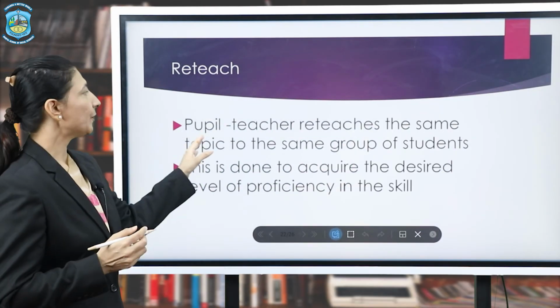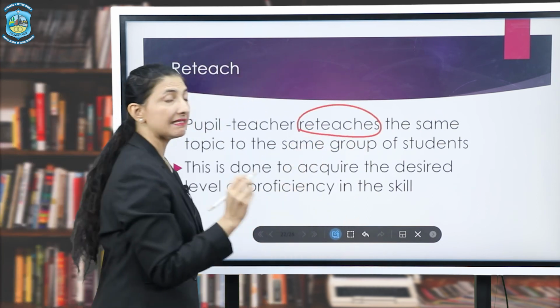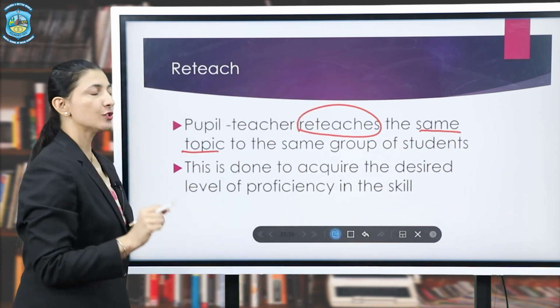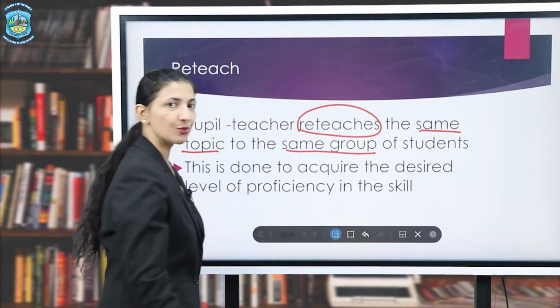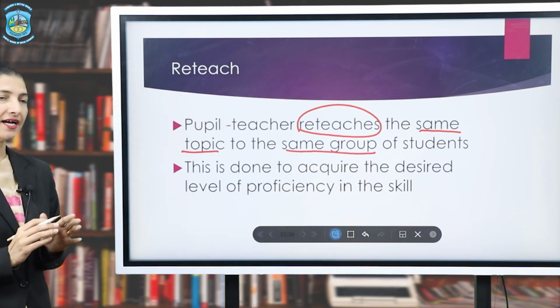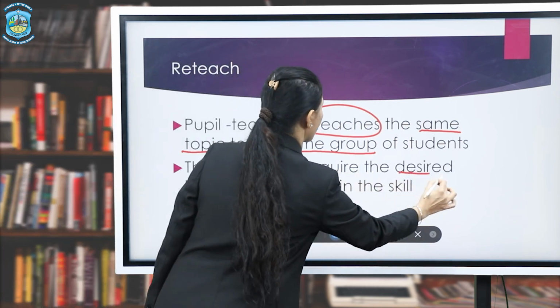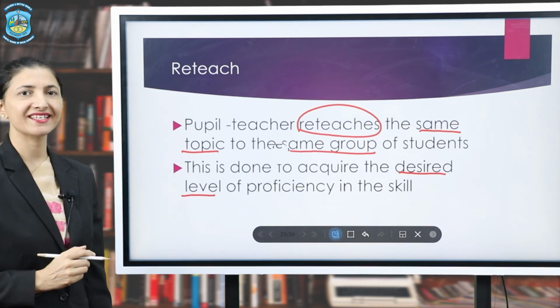Reteach. The pupil teacher reteaches the same topic to the same group of students. This is done to acquire the desired level of proficiency in the skill.